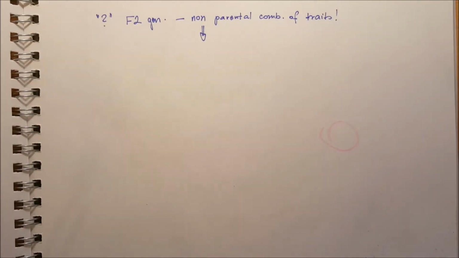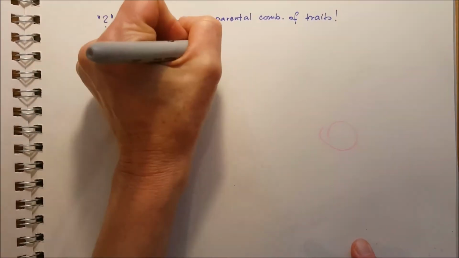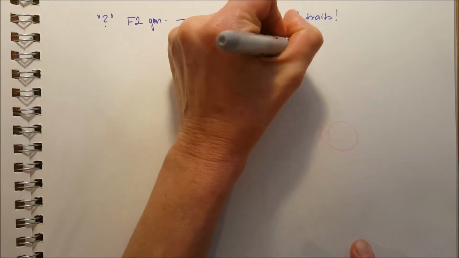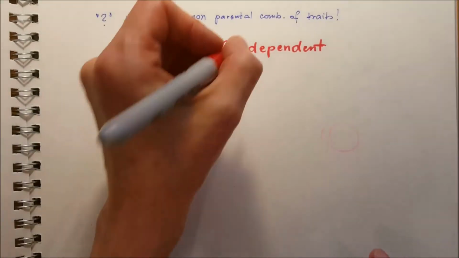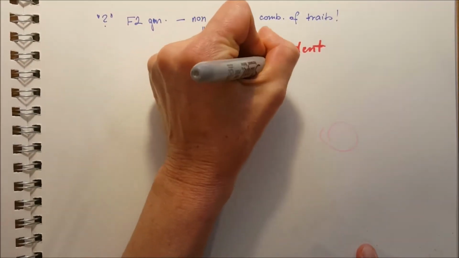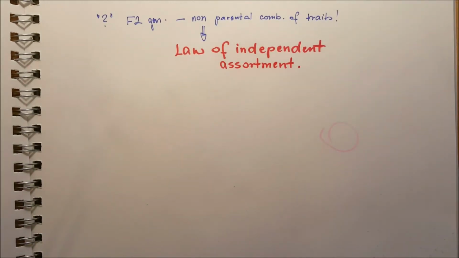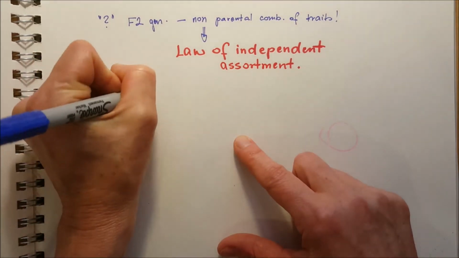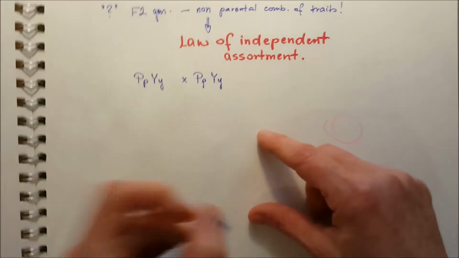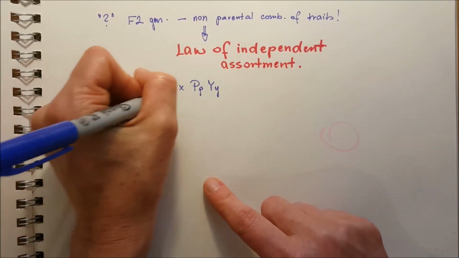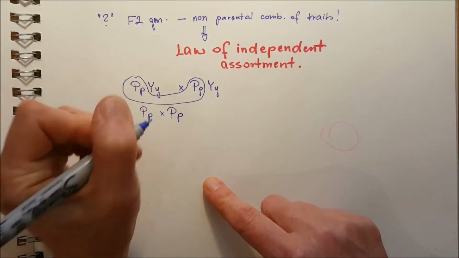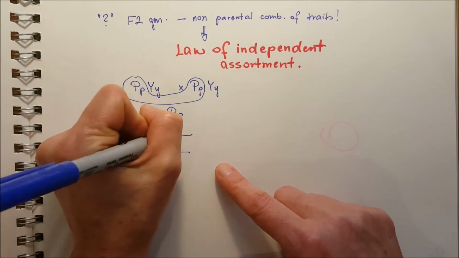This is because of the law of independent assortment. That means that one pair of alleles segregates independently of other pairs of alleles during gamete formation.